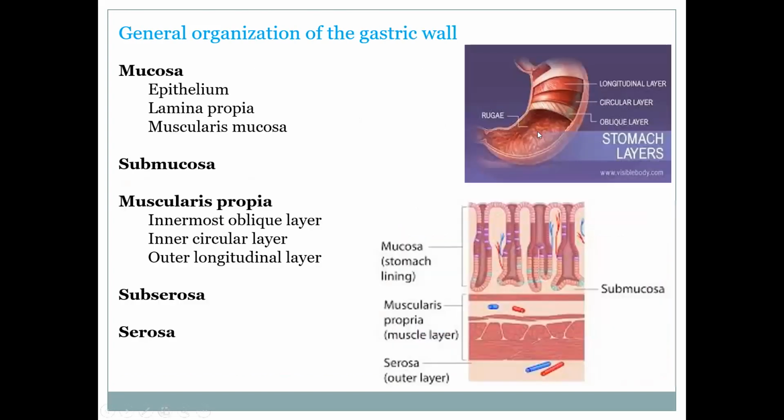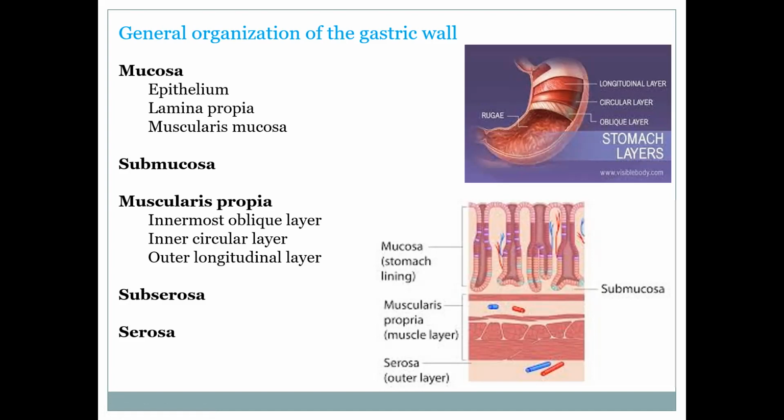And this is the general organization of the gastric wall. As usual, it has a mucosal layer, submucosa, muscularis propria, subserosa, and serosa. In the mucosa, there are three layers: the epithelium, lamina propria, and the muscularis mucosa.